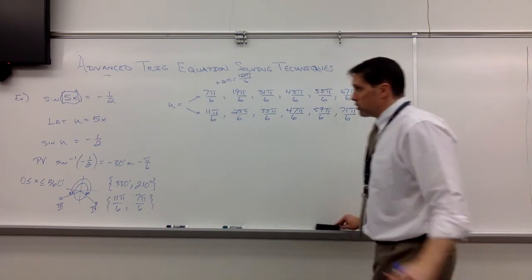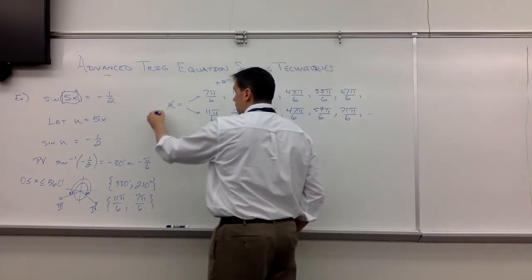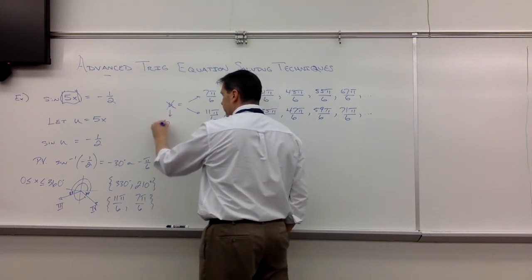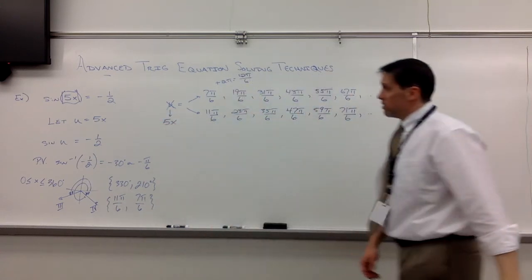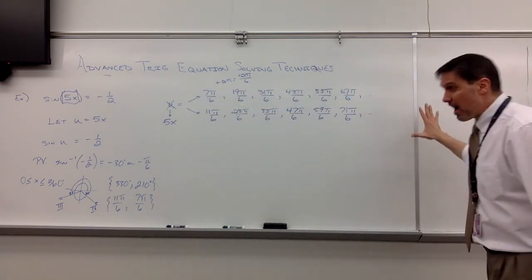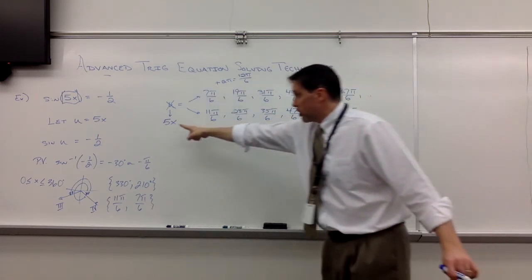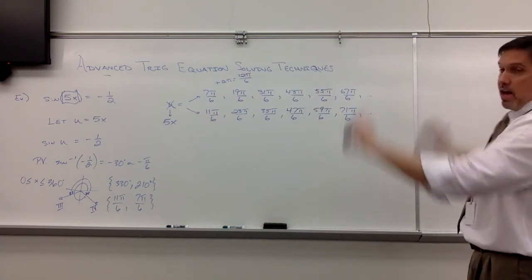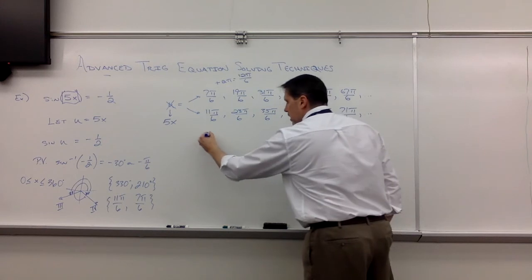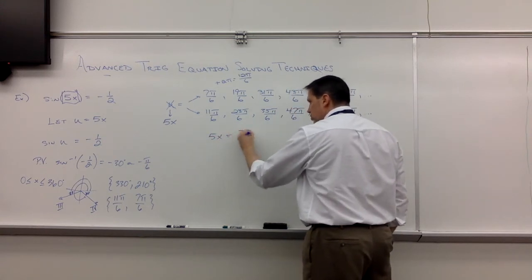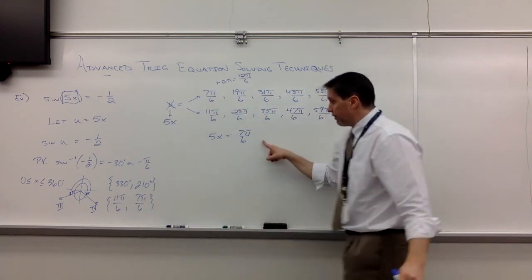Because the u is going to now be replaced with a 5x. So now, these are representing 5 times our actual solution x. In other words, think of this as 10 different equations where I'm saying, okay, 5 times x is equal to, for example, 7 pi/6, just taking the first one.